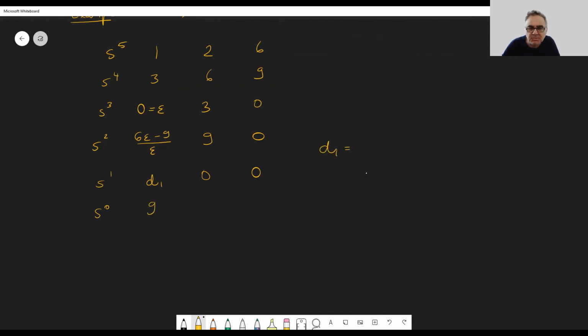D1 is a little bit complicated, so let me write this down: 3 times 6 epsilon minus 9, and minus 9 epsilon, minus 9 epsilon squared over epsilon, which is 3 minus 6.